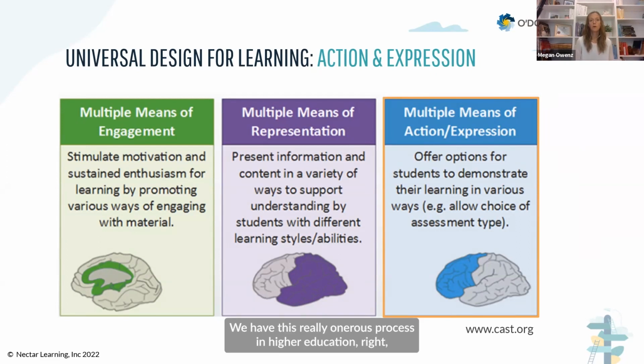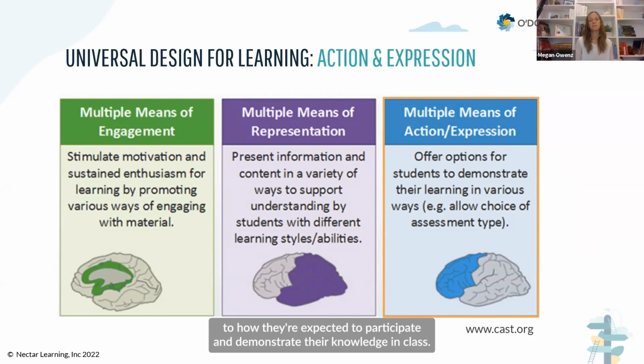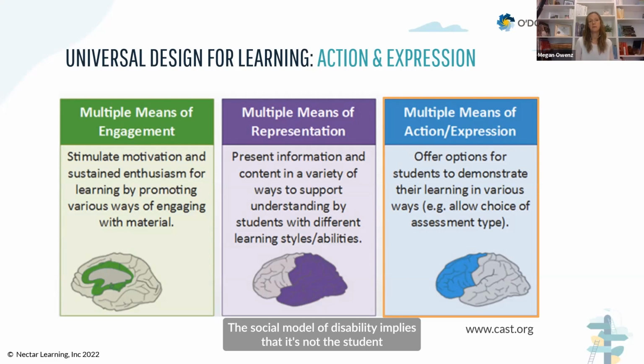And we have this really onerous process in higher education, right, for the student to achieve those accommodations and then present them to the faculty, and then get individual changes made to how they're expected to participate and demonstrate their knowledge in class.